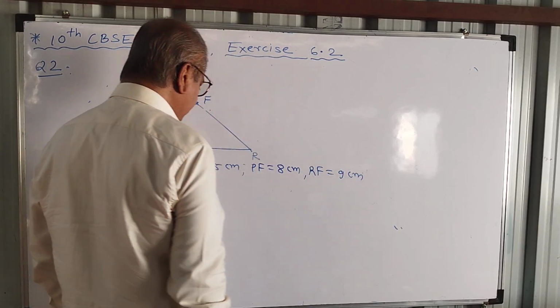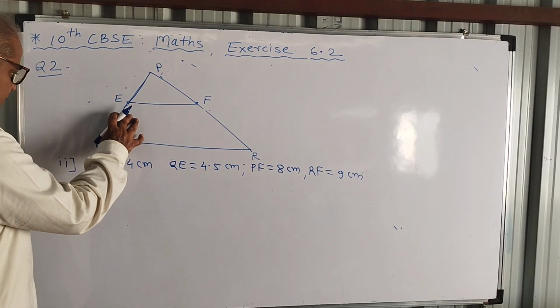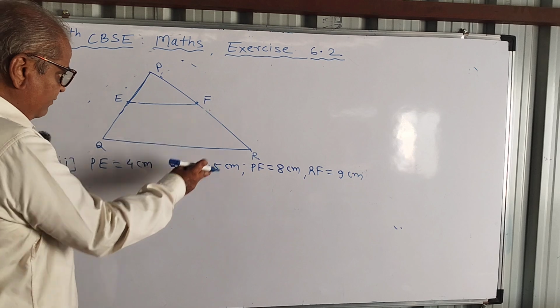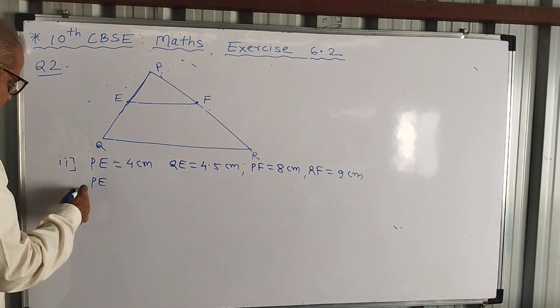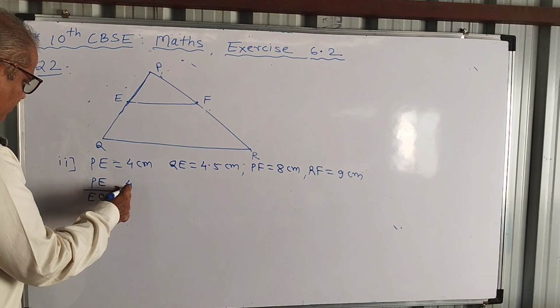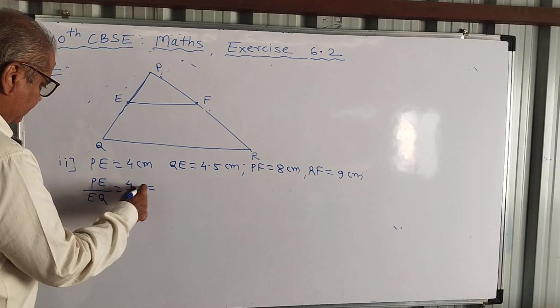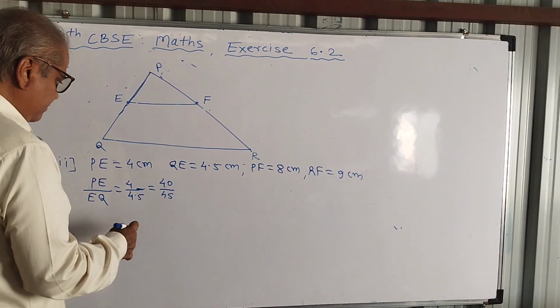RF means FR. So, see, PE is given, EQ is given, QE is nothing but EQ, PF is given, and FR is given. So find the ratios. First, PE upon EQ is equal to 4 upon 4.5. So this is nothing but 40 upon 45.